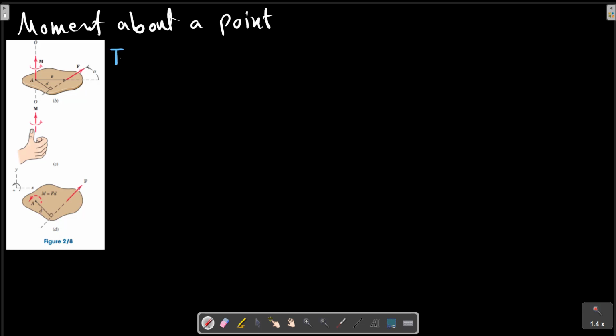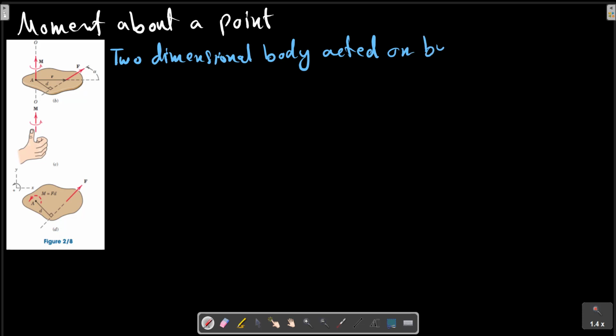Two-dimensional body acted on by a force F in its plane.